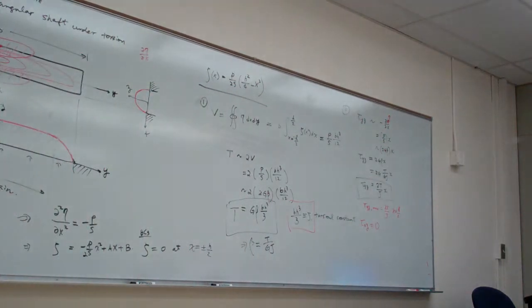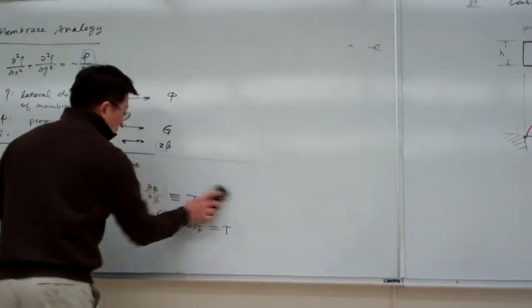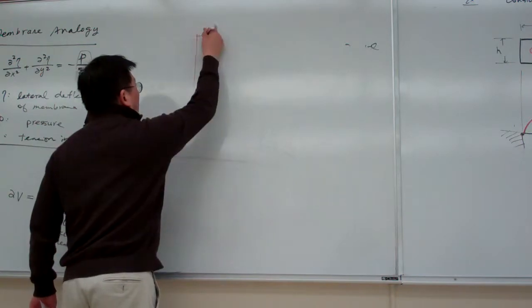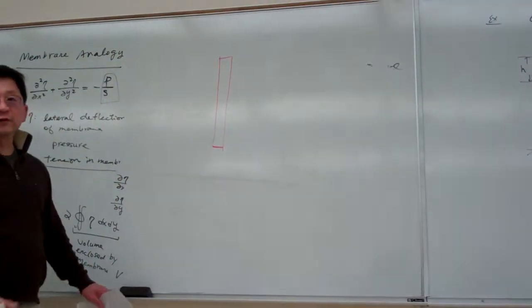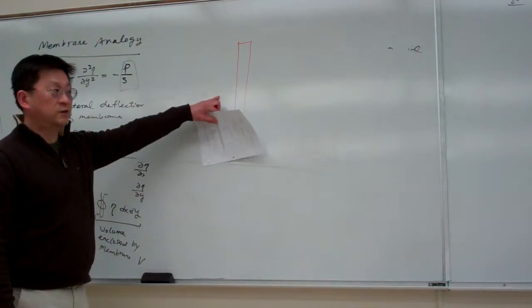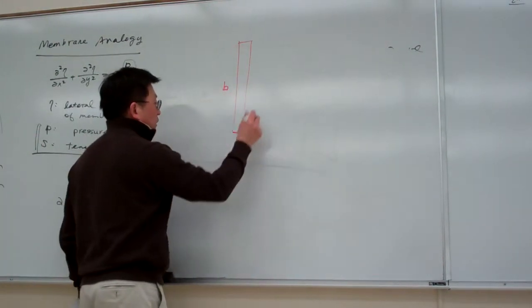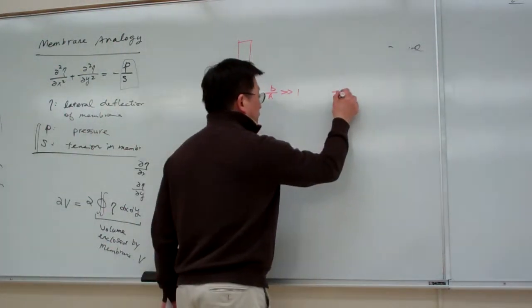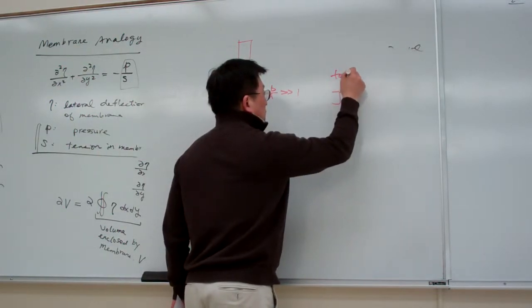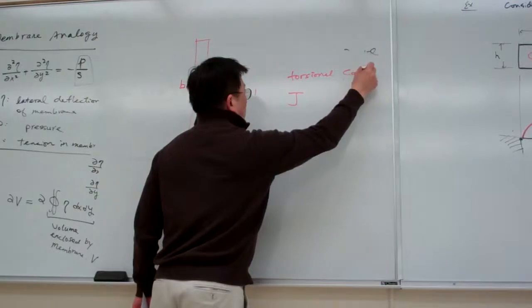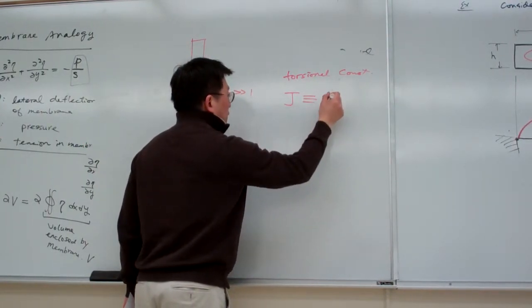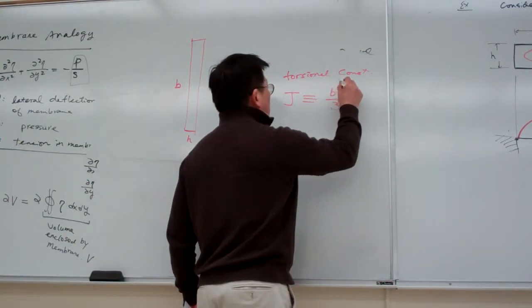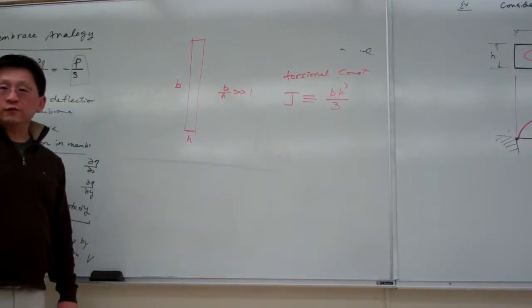If we have a shaft with such a cross-sectional shape, this is B, this is H, and B over H is very large, then the torsional constant can be described as one third B H cubed.